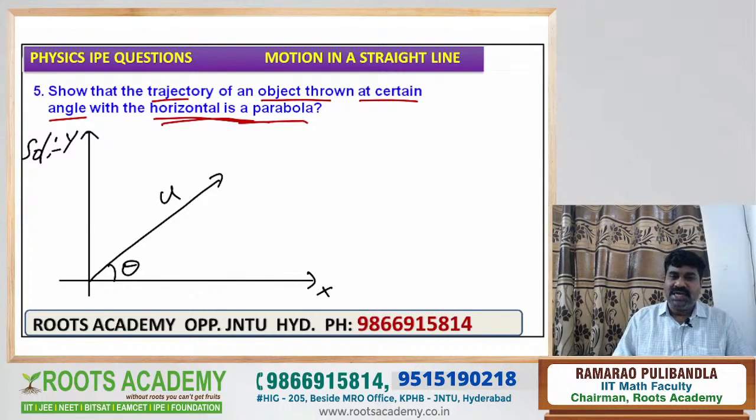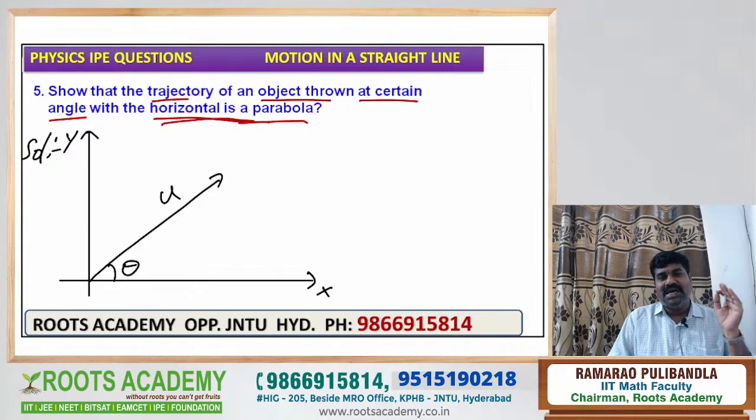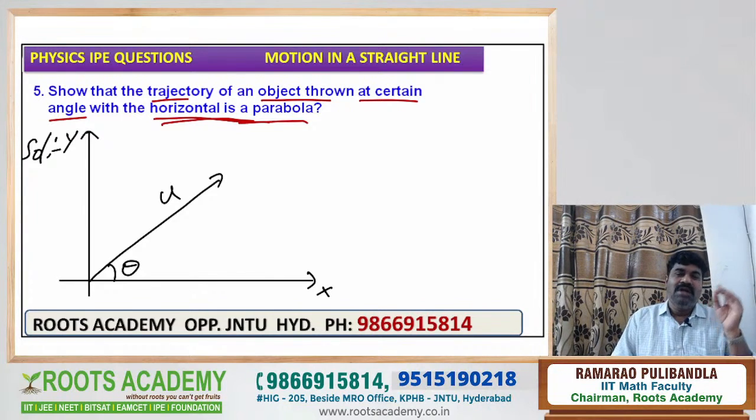What is a projectile? Any body projected at an angle theta other than 90 degrees with the horizontal and moving only in the gravitational field is called a projectile.